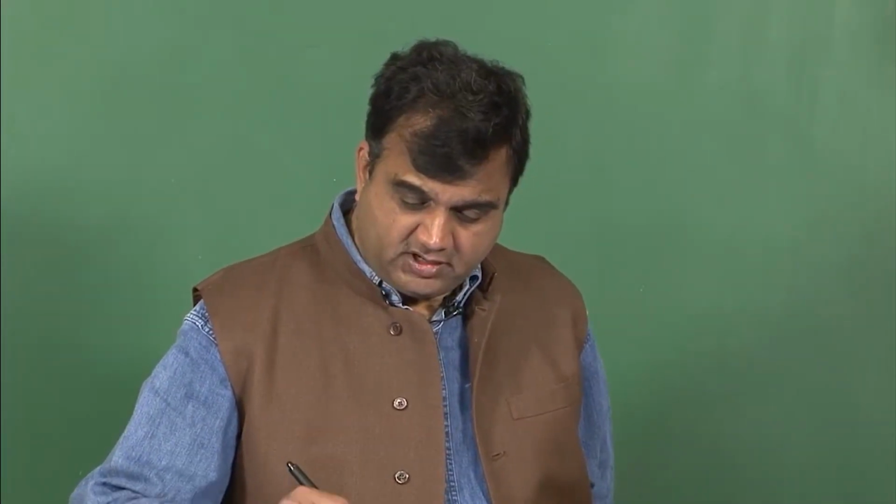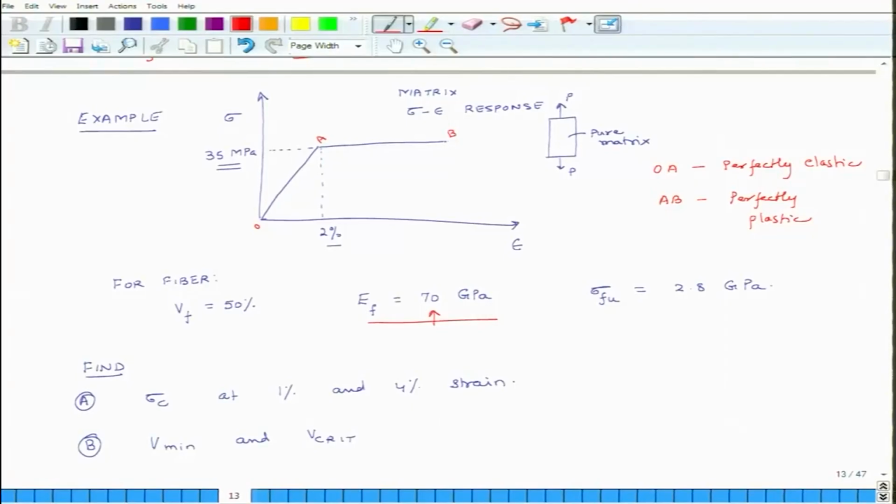So, this is the matrix, and if I also want to plot fiber data on this, it will be a very steep line. Let us call this fiber, and this fiber is going to break at how much strain?